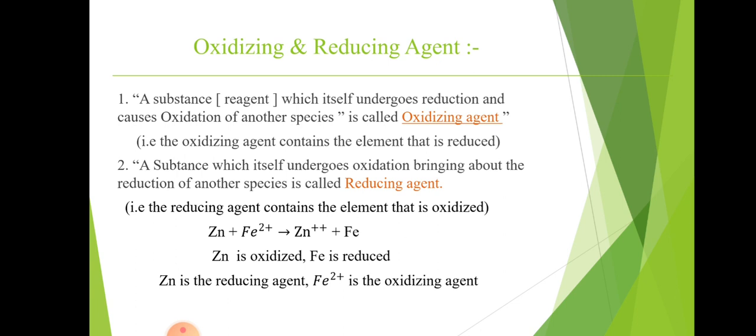Therefore, it is a reducing agent and it is oxidized. Then the chlorine molecule accepts an electron, therefore it is an oxidizing agent. It is reduced. That is one more example of oxidizing and reducing agents.